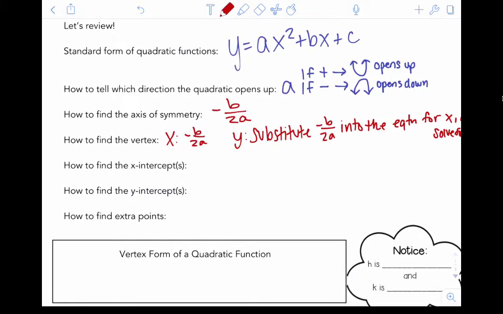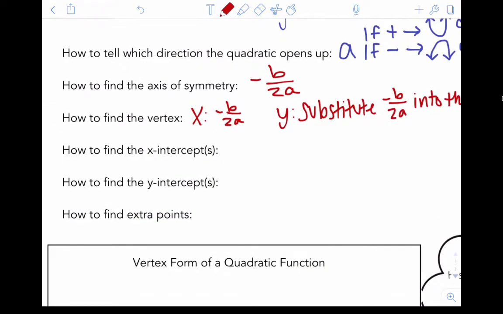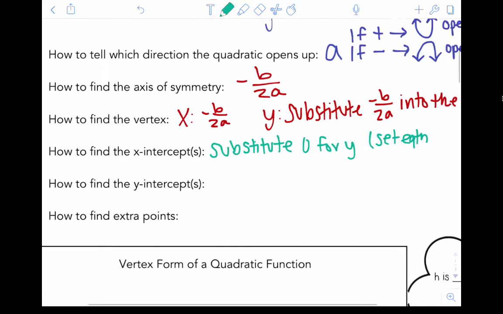Now, how to find the x-intercepts? The x-intercepts are where y equals 0. So we're going to substitute 0 for y, or in other words, we'll set the equation equal to 0.